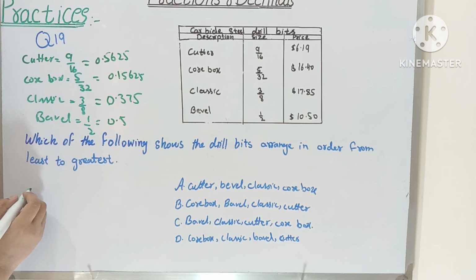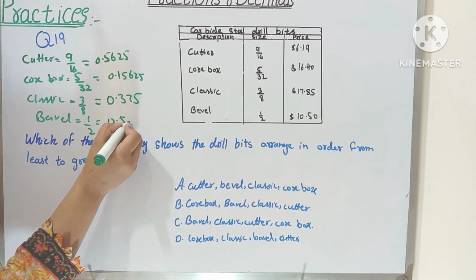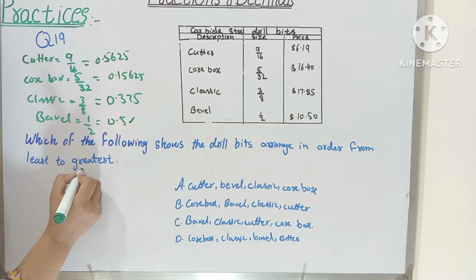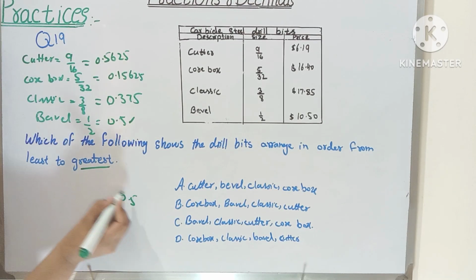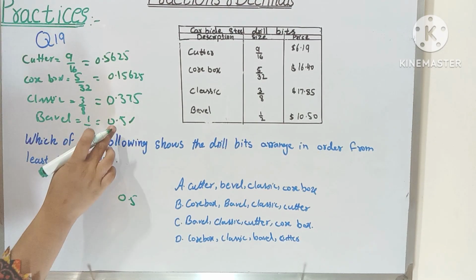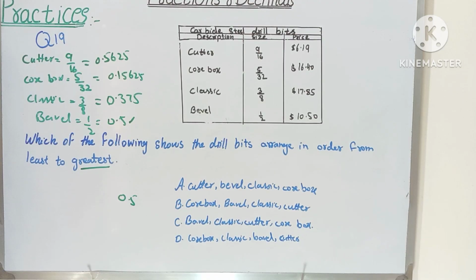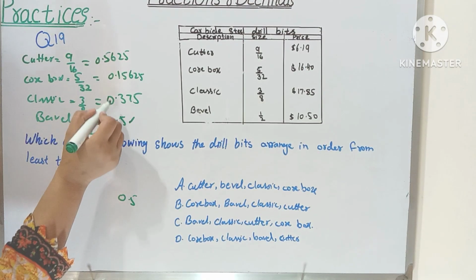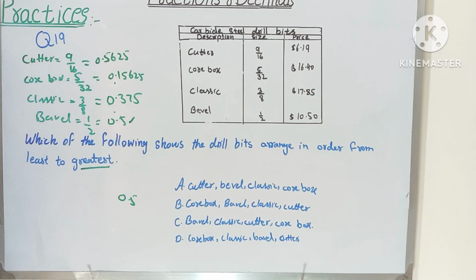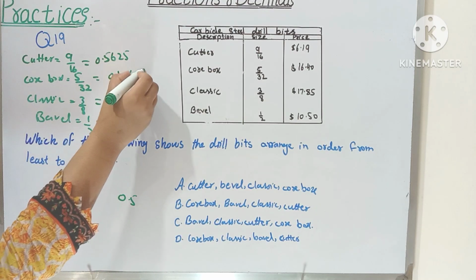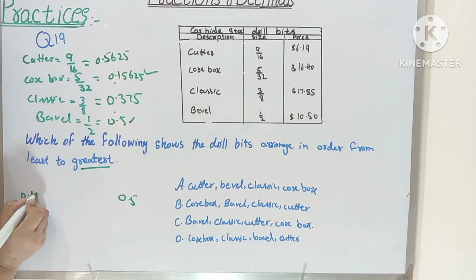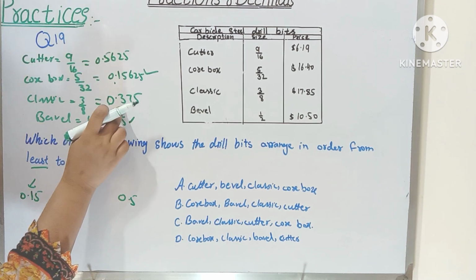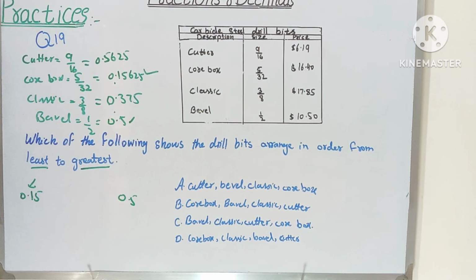Now, 0.5625 is the greatest. They demand least to greatest. So core box, 0.15, is the least. Then 0.375, then 0.5.